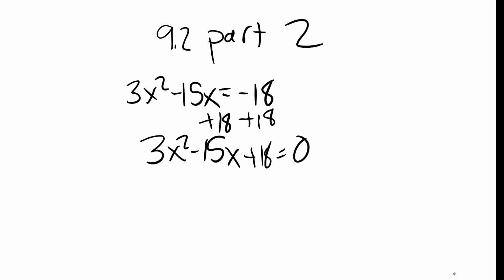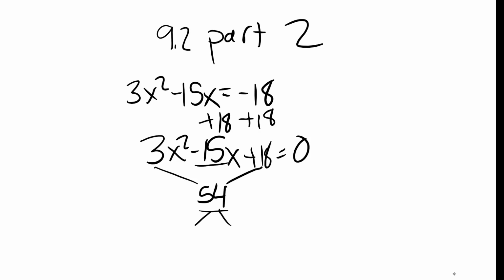Now I got to factor this. You can take a 3 out first, but let's remember the process for how to factor this. The process is we do a times c, 54. And then we think, what multiplies to 54 but adds to negative 15?